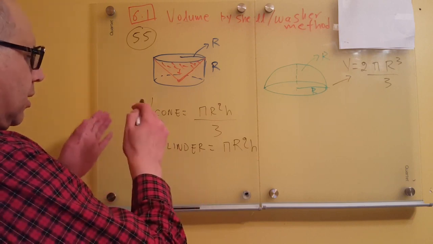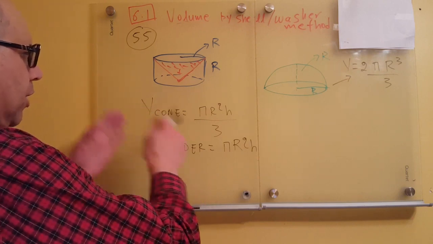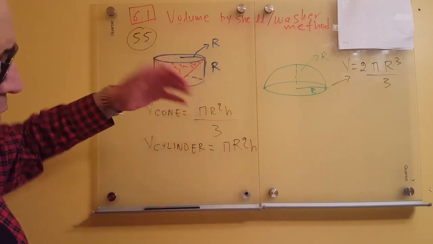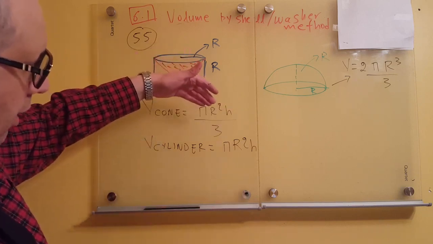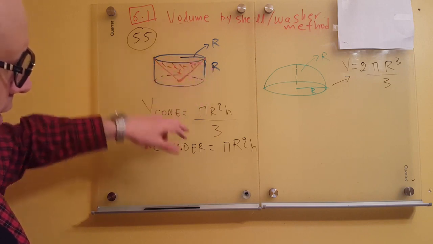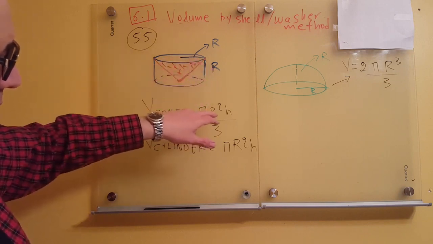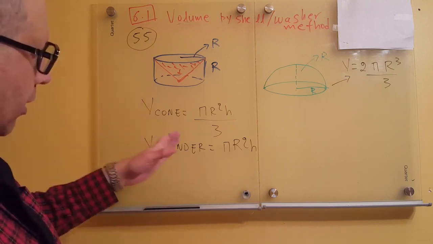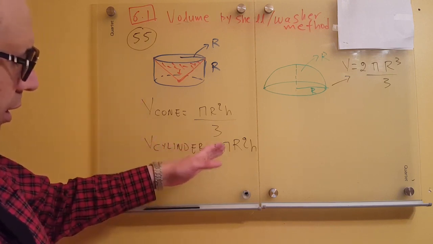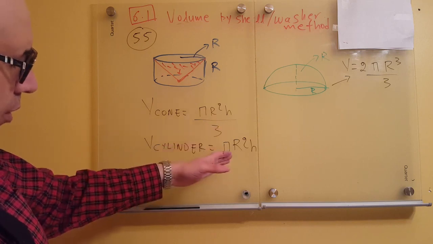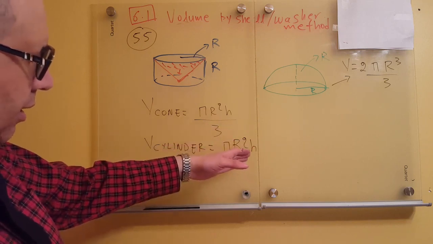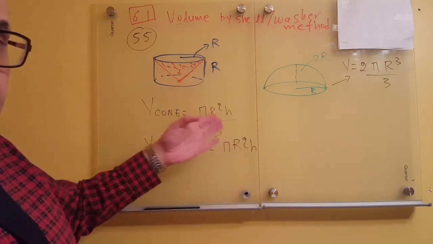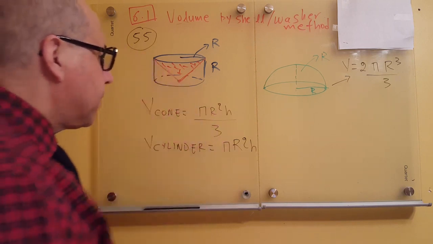We know that the volume of a circular cone with height h and radius r is given by this formula here, pi r squared h over 3, and the volume of a circular cylinder with radius of the base r and height h is given by this formula, pi r squared h.